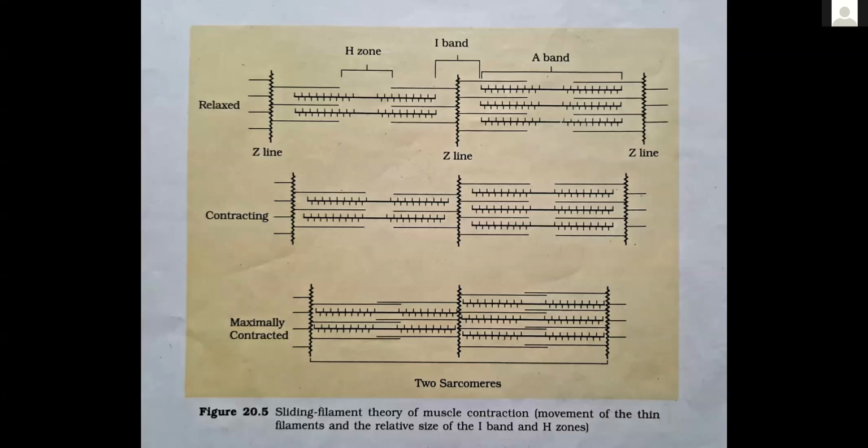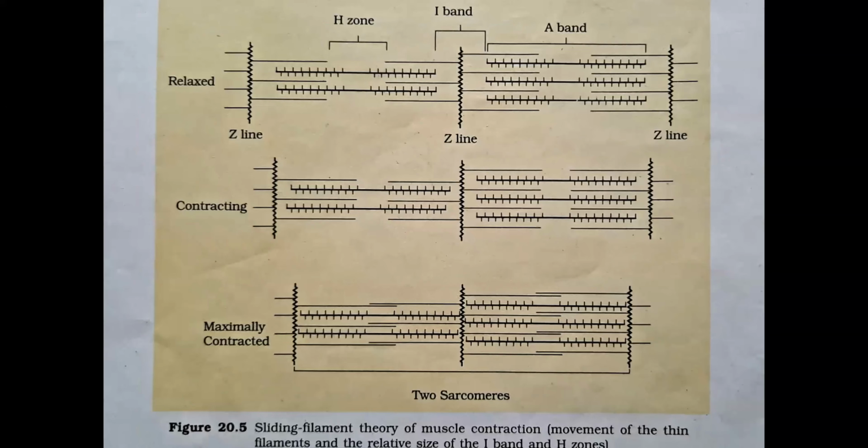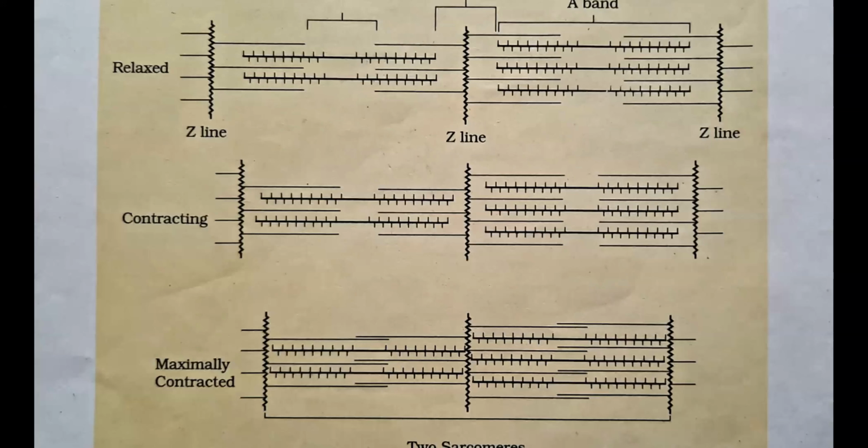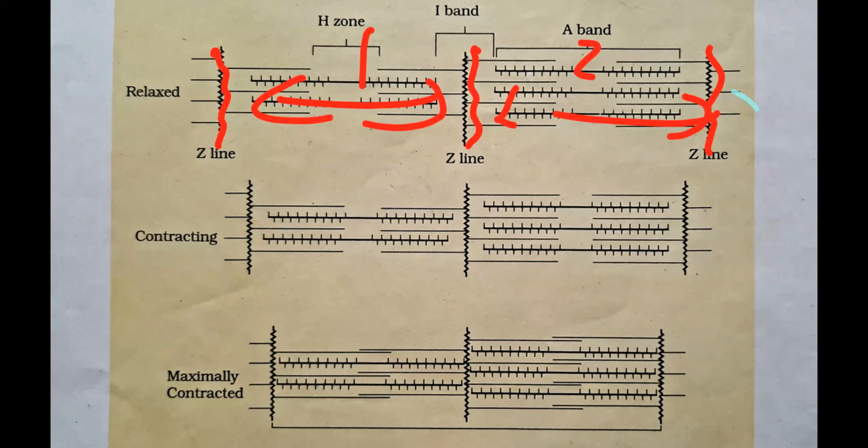I hope you have understood the same. Here you will get a view of two sarcomeres. For example, this is one Z line, this is another Z line, this is one sarcomere, this is another sarcomere. Are you able to make out this thing?